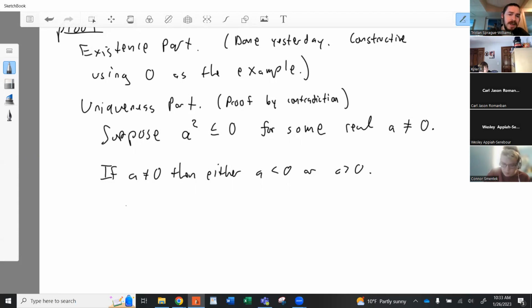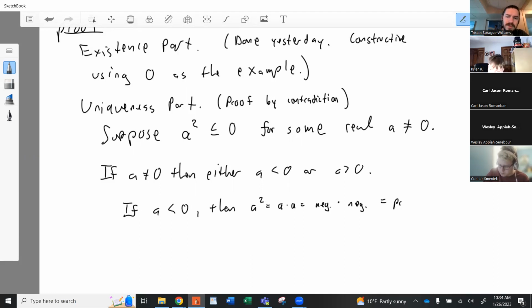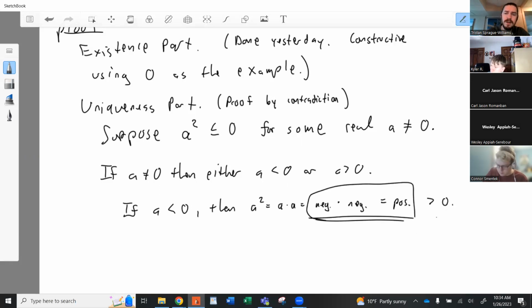If a is less than 0, then a squared, which is a times a, is going to be a negative times negative, which equals a positive number, which is positive, right?